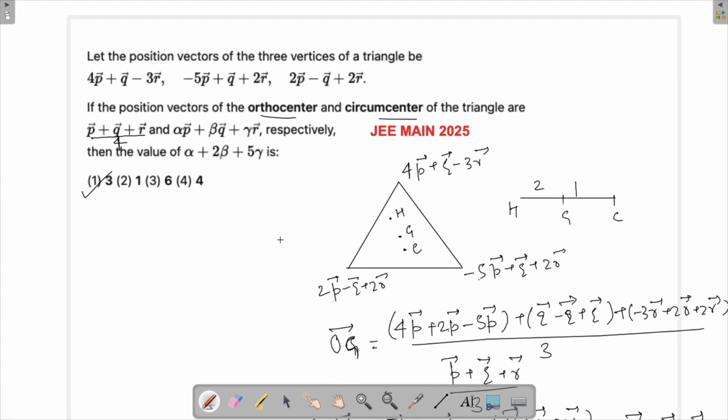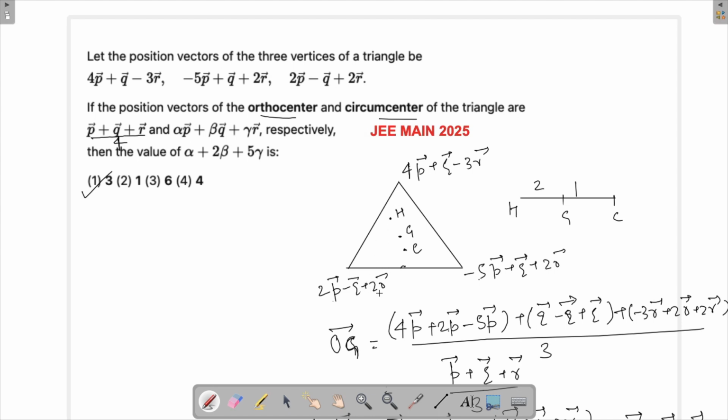If you try to solve it in any other way, you will end up with a lot of problems. If you think this is a circumcenter, then it will be on the perpendicular bisector, so you find a midpoint and try using that. The same way for the orthocenter, you can try writing a vector passing through.